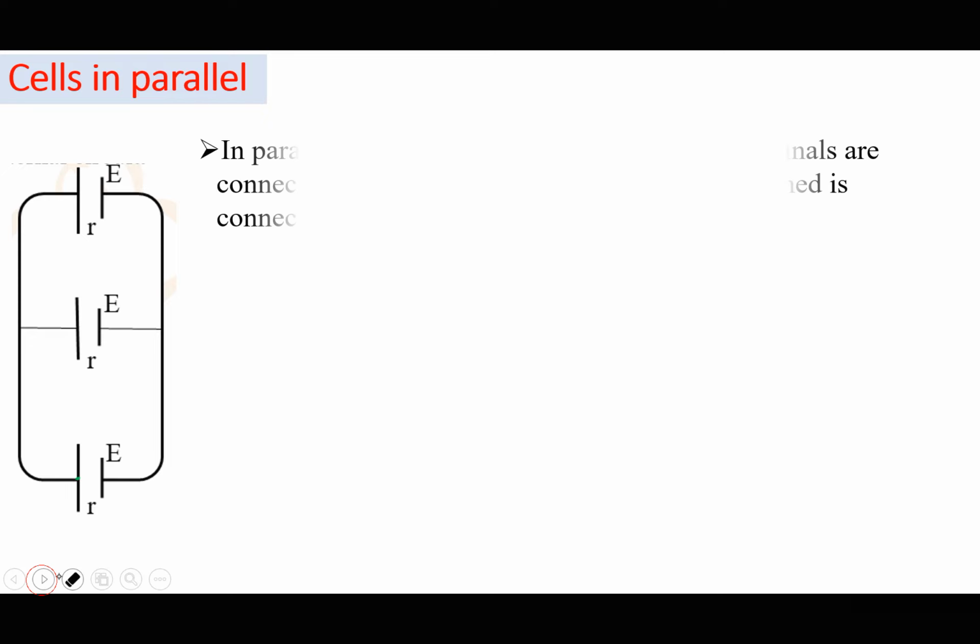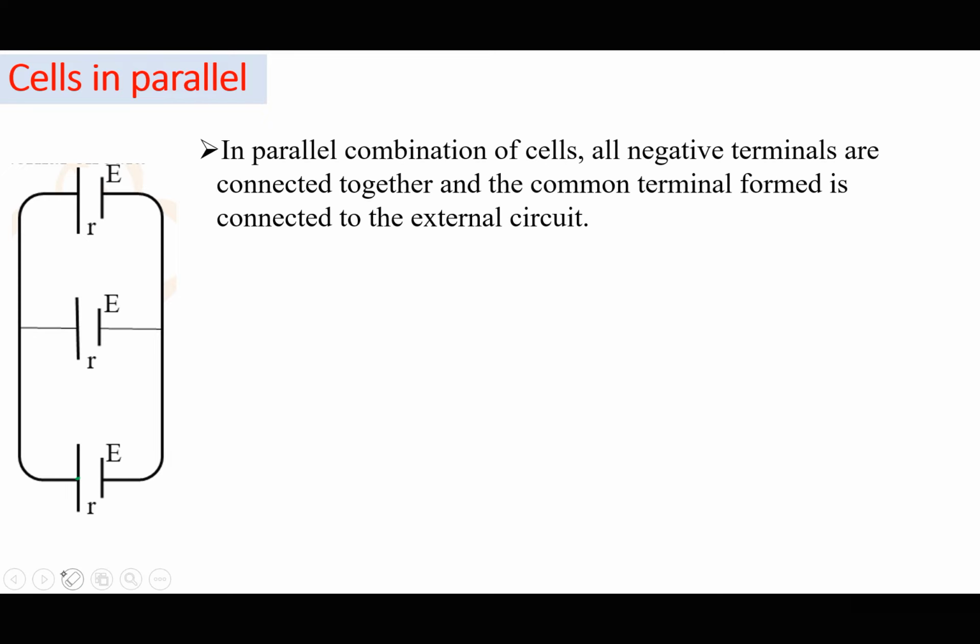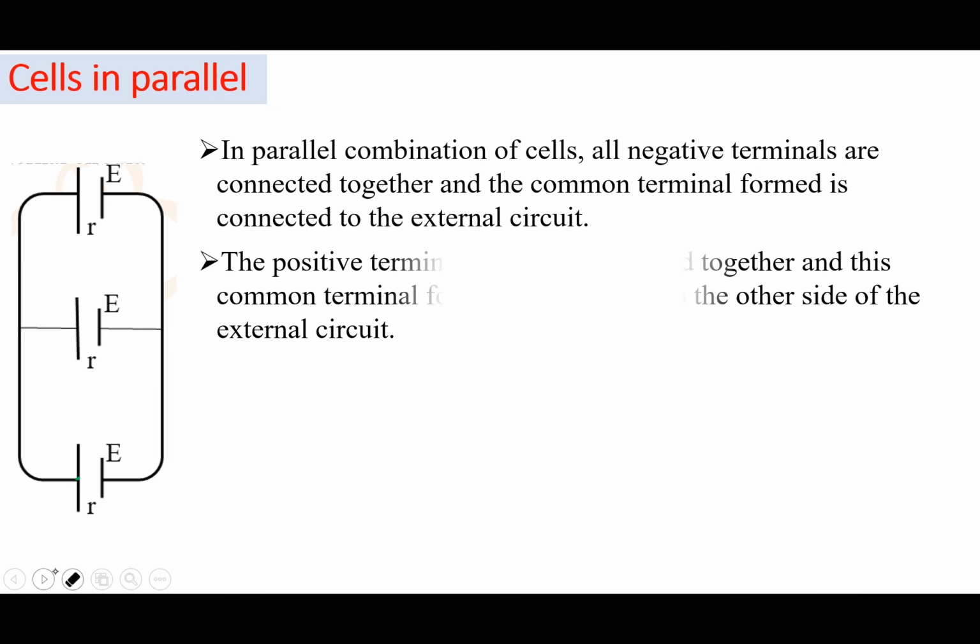So in a parallel combination of cells, all negative terminals are connected together, and the common terminal formed is connected to the external circuit. The positive terminals are also connected together, and this common terminal formed is connected to the other side of the circuit.